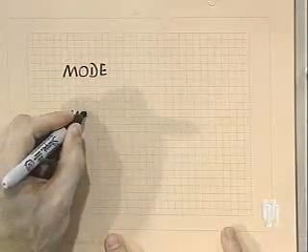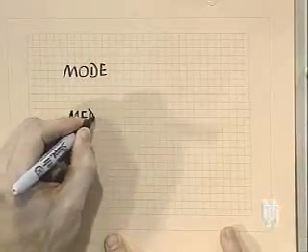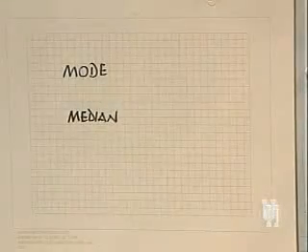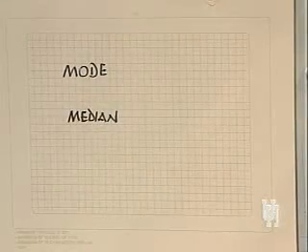The last measure of central tendency discussed in the text is the median. And the median is that score that divides the distribution in half, such that half of the scores are higher than the median and half of the scores are lower than the median.